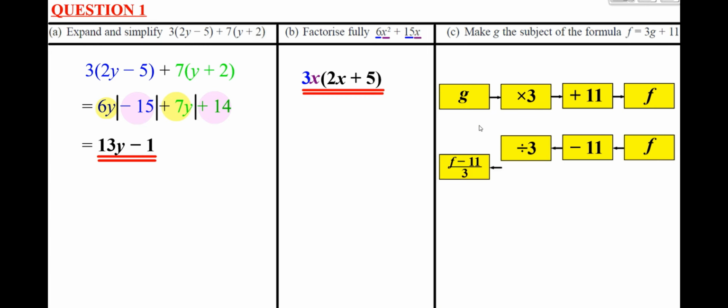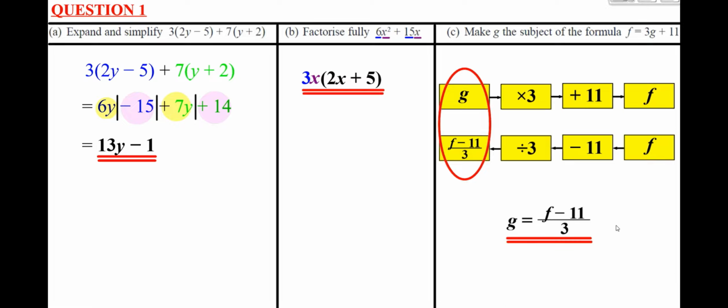So therefore, what we've done to get g is we've taken f, we took 11 away, and then we divided that whole thing by 3. So therefore, g is f minus 11 all over 3. We write that, of course, using mathematical language and put the equals sign. In other words, put simply, g equals f minus 11 all over 3.